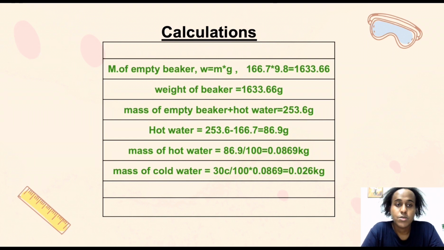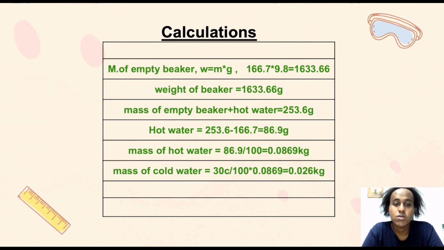Calculations. Mass of empty beaker is 166.7 grams. Mass of hot water is equal to 253.6 minus 166.7, which is 86.9 grams.